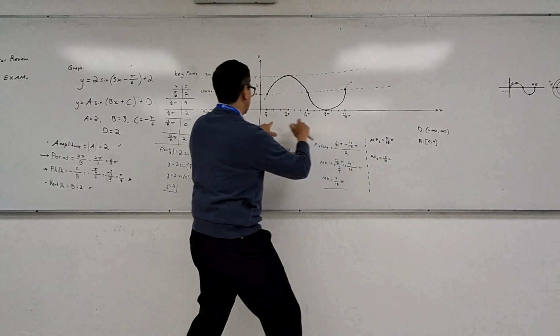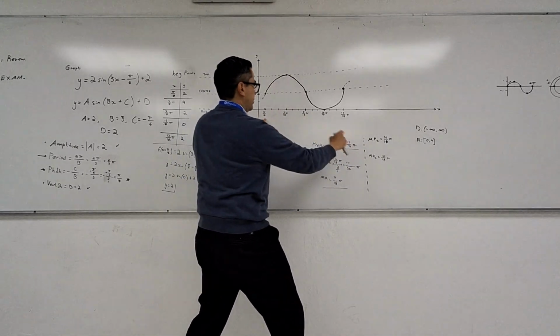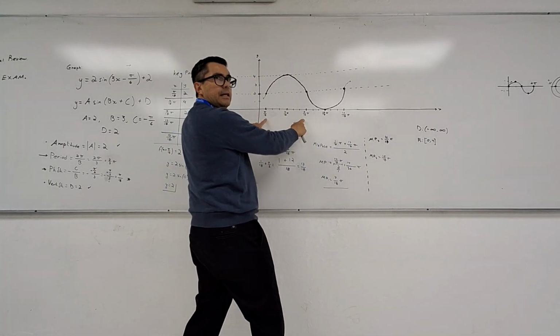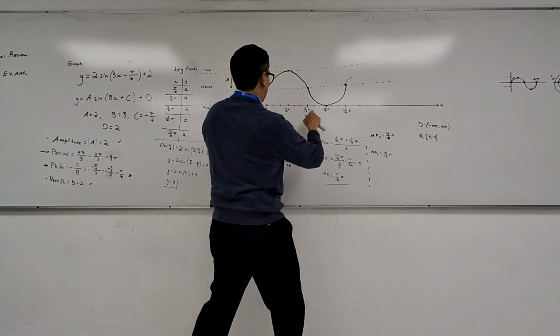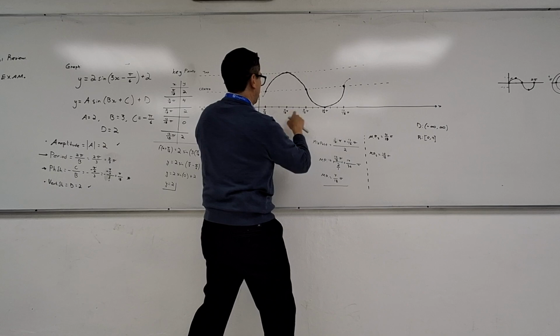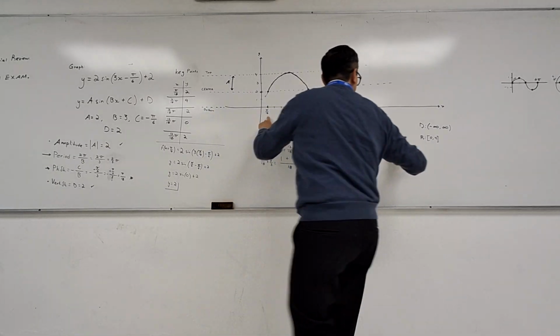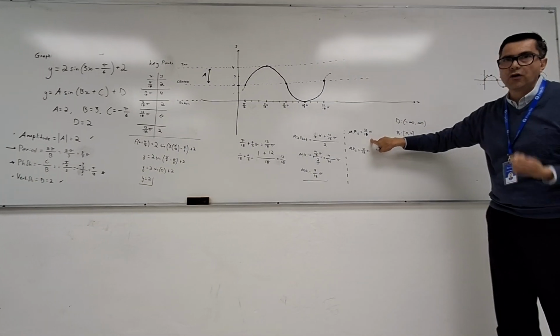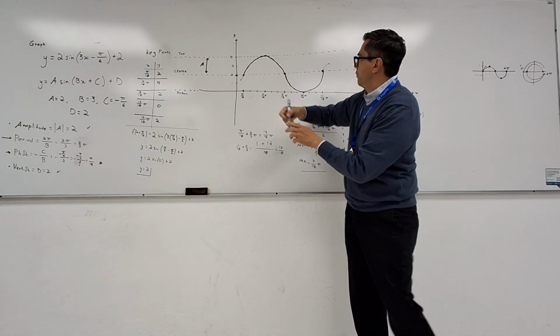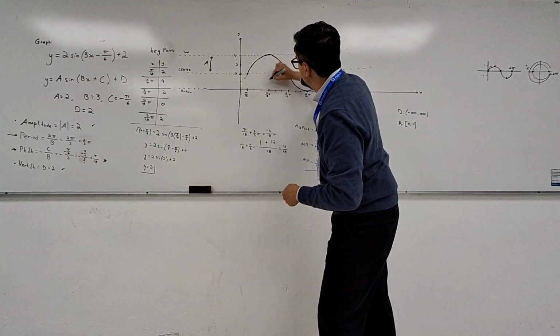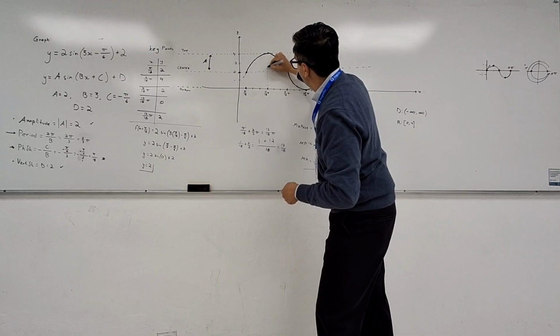Midpoint 2 is 1/18 plus 7/18. 1 and 7 is 8. 8/18 divided by 2 is 4/18. So your next point here for the first quarter is 4/18.